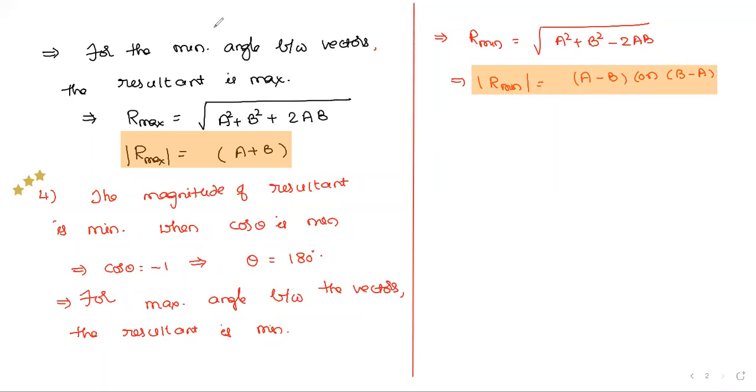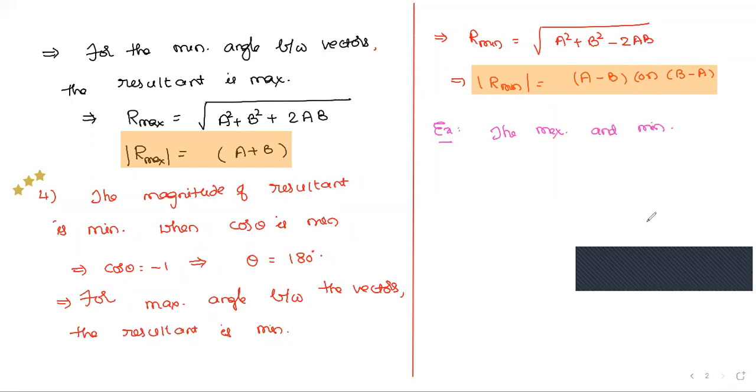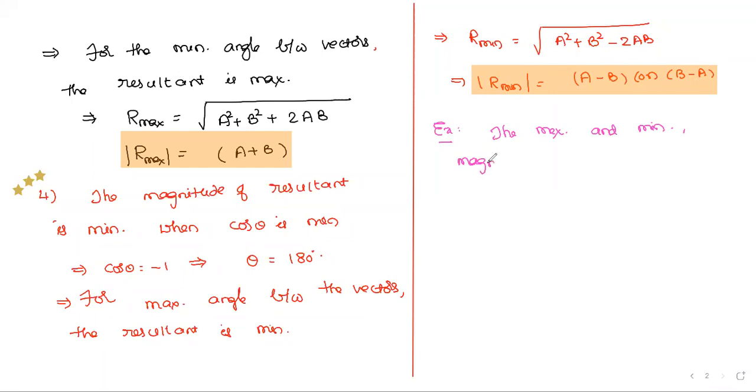Come with an example here. Suppose I say the maximum and minimum magnitudes of two vectors are 20 and 6 respectively.